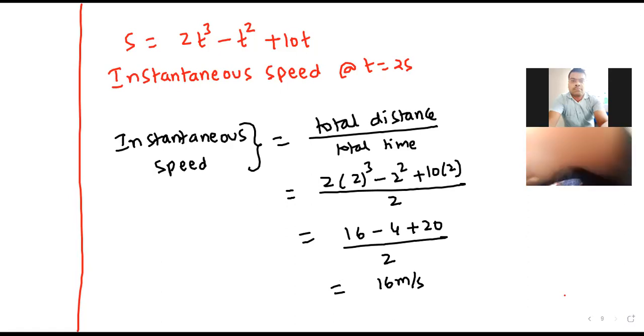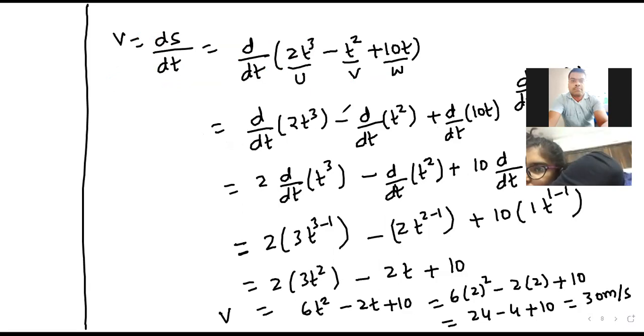Instantaneous speed means that at that time we directly substitute. Whereas instantaneous velocity means we need to differentiate it and then finally substitute the time. That is the methodology.